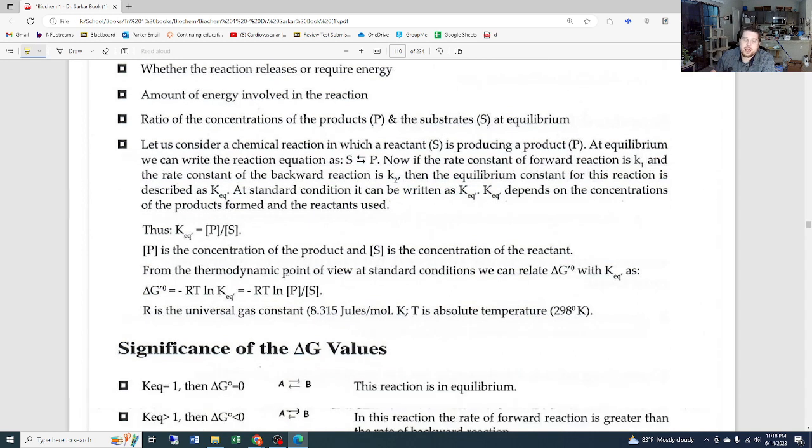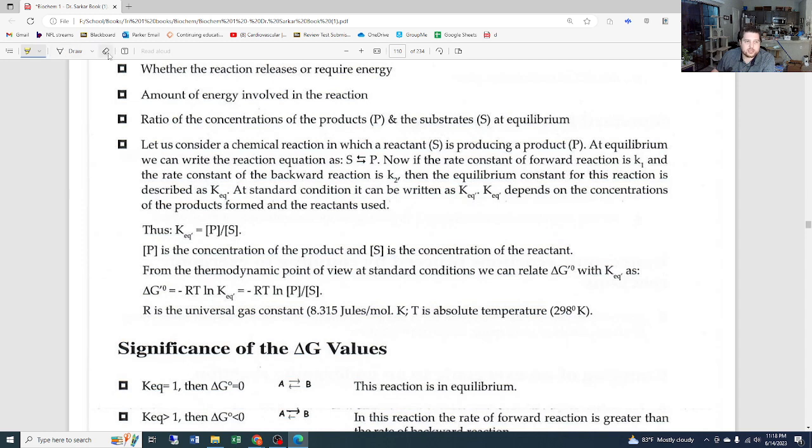From the thermodynamic point of view, at standard conditions, we can relate delta G naught with the KEQ. As this, we start getting into this equation, okay?